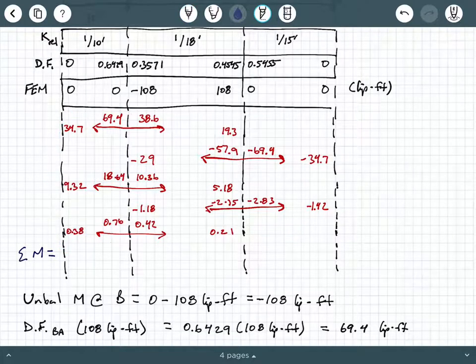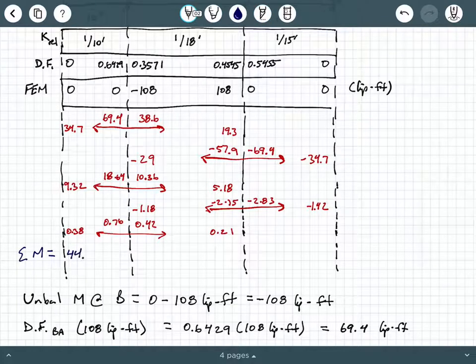So if you sum moments vertically, again, we're summing them vertically now, I'm going to punch this through. So at A, we got 34.7 plus 9.32 plus 0.38.